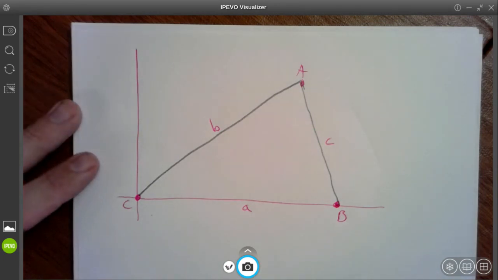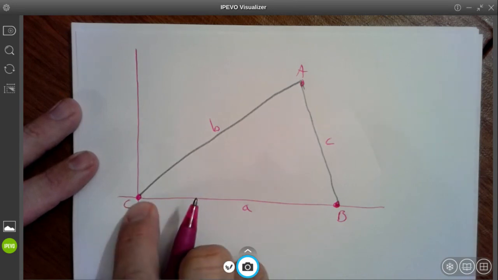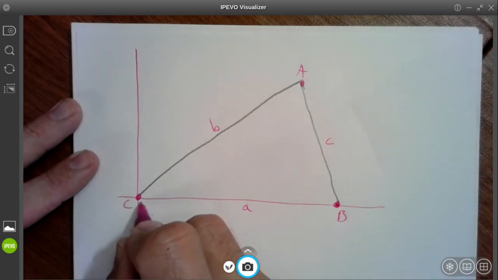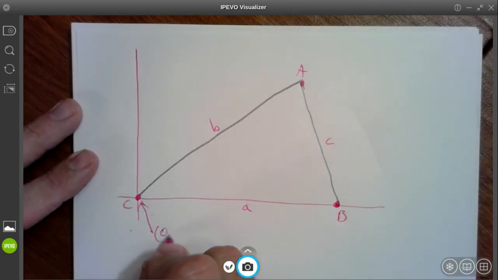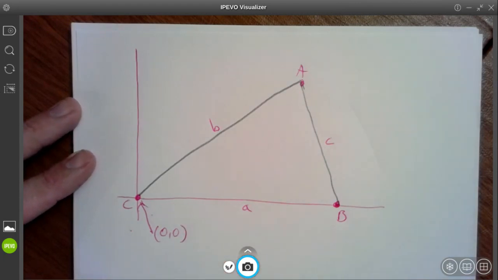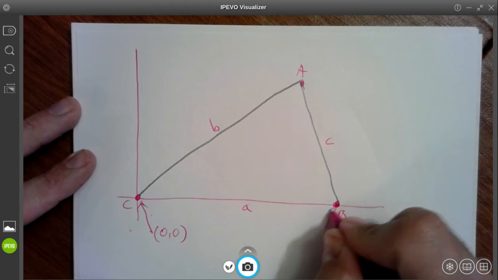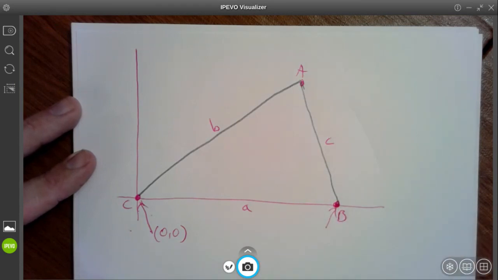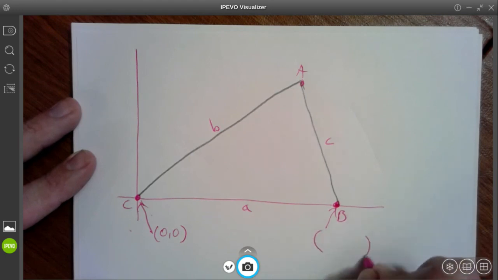Coordinates. The coordinates for point C, let's point up to it. That's easy. That's 0, 0. The coordinates for point B: well, I know the y coordinate's 0 because it's 0 up and down.